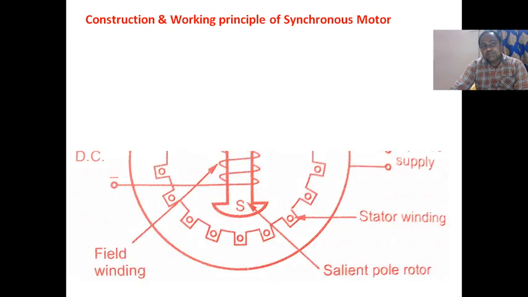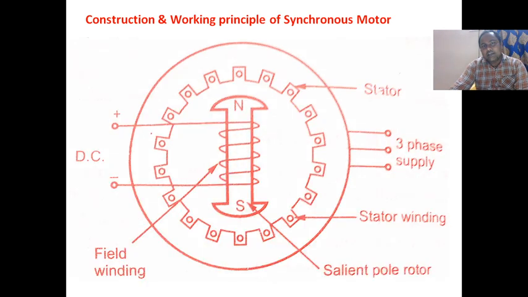If you put an overload on a synchronous motor, the speed does not increase or decrease above or below synchronous speed, but it falls out of synchronism. That is called the stability problem. We will discuss that later.